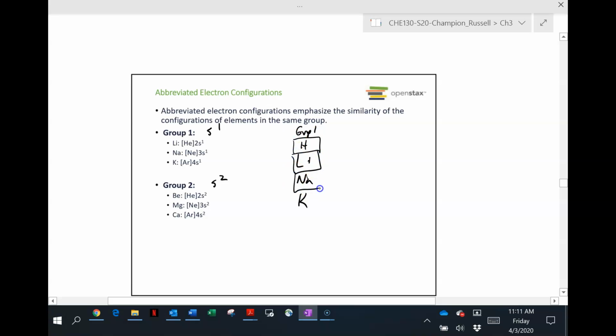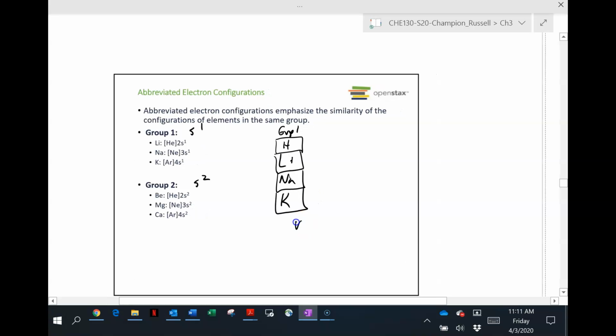These others are all metals, and going on down, you've got rubidium and cesium there. When Mendeleev originally created the periodic table, building on others' work, he arranged those groups based on their chemical properties. Now we can see that those chemical properties are explained by the electron configurations.